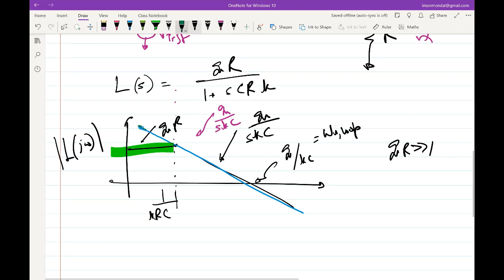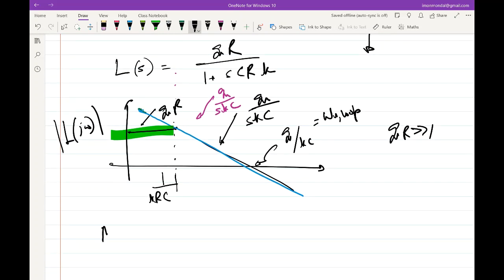It works when the mod of L of j omega is greater than 1, right? That is the crudest assumption. That is why negative loop gain is vital, right?